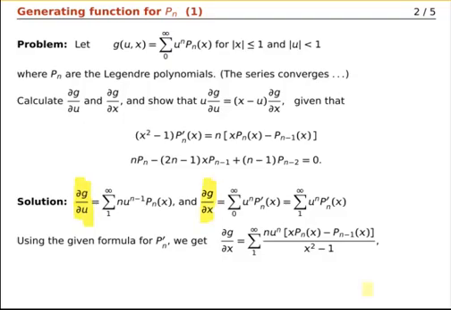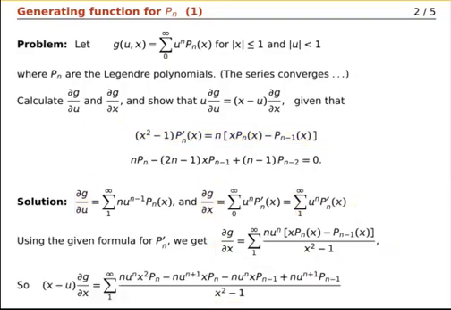Now, what we want to do is to relate this dg by dx to dg by du. dg by du involves only undifferentiated polynomials. dg by dx involves these derivatives, so we're going to use this relation to substitute for Pn dashed in terms of undifferentiated Legendre polynomials. And when you substitute this identity into this sum, that's just straightforward trivial algebra.